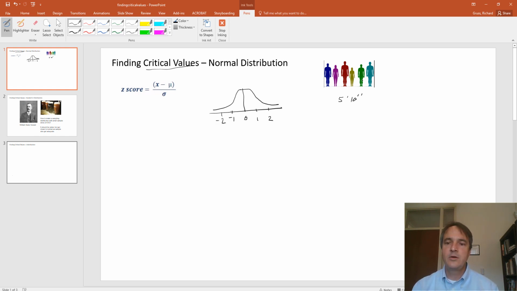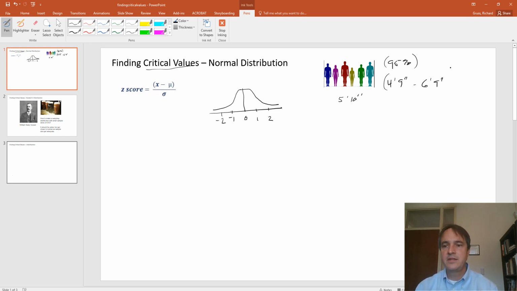Okay, so let's say I want to include 95% of the entire population. I want to find out what are the heights that would contain 95% of people. It might be something like, if I had to take a guess, between maybe 4'9" and 6'9". That would contain maybe even more than 95%.